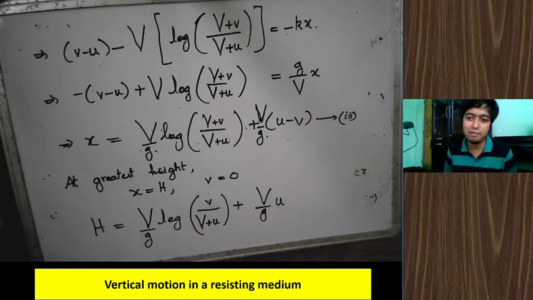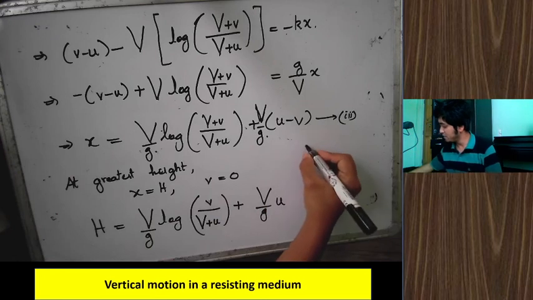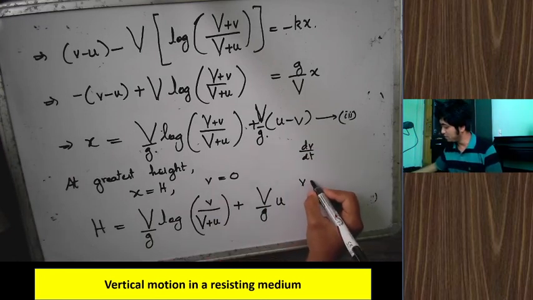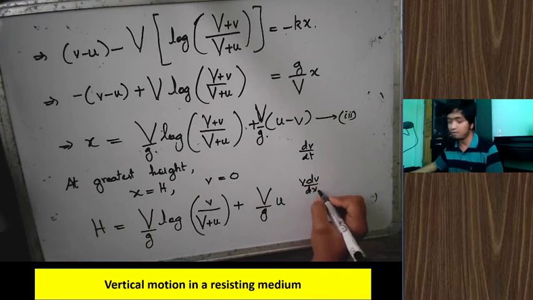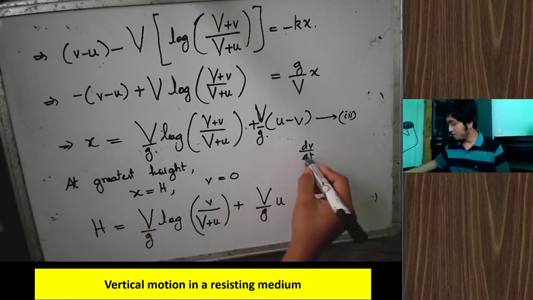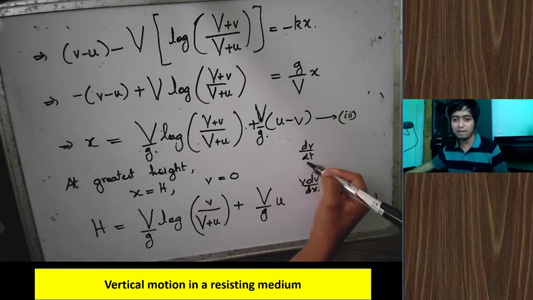So if I have to summarize what I have done, we can either use dv dt, or we can use v dv dx. If I am using dv dt, this gives us a relation between velocity and time.